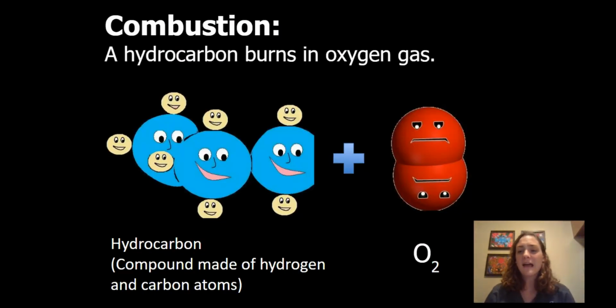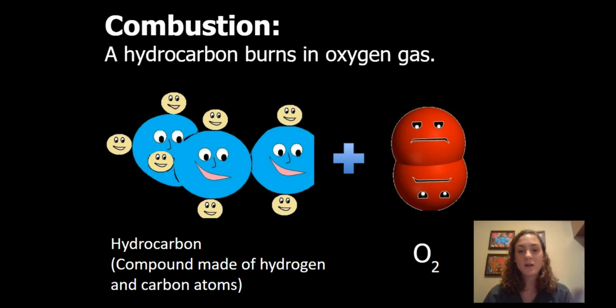All right, and then the last kind of reaction that I want to talk about is combustion, and I just don't have a good metaphor for combustion, so we're just going to talk about it in terms of science. Combustion is when a hydrocarbon burns in oxygen gas. So you know it's going to be a combustion reaction when you see a hydrocarbon, which is a compound that is made of hydrogen and carbon. And I'll show you an example of that in a second.